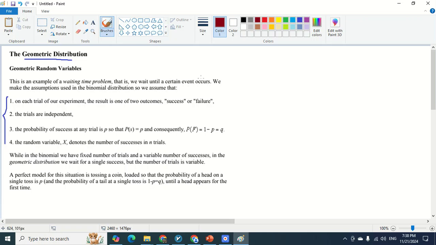Let me put the example, then we return back to that definition. For instance, assume that I have a gun. It's not a good idea to kill animals indeed, but we just use this example to determine the situation. So we have a gun that we use to shoot at the birds over here.